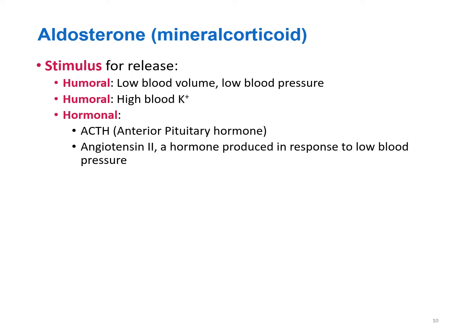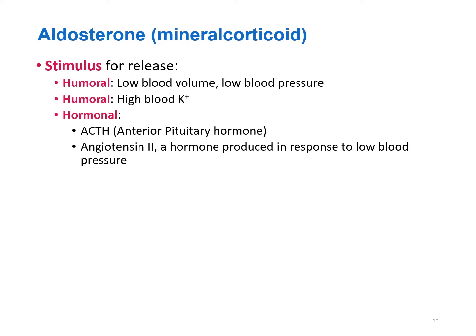Stimulus of release. So there are several stimuli that cause the release of aldosterone. Two are humoral and one is hormonal. First of all, low blood volume or low blood pressure will stimulate the release of aldosterone.